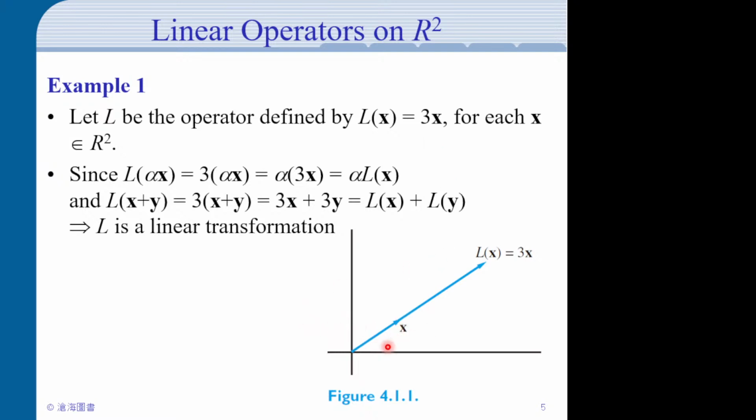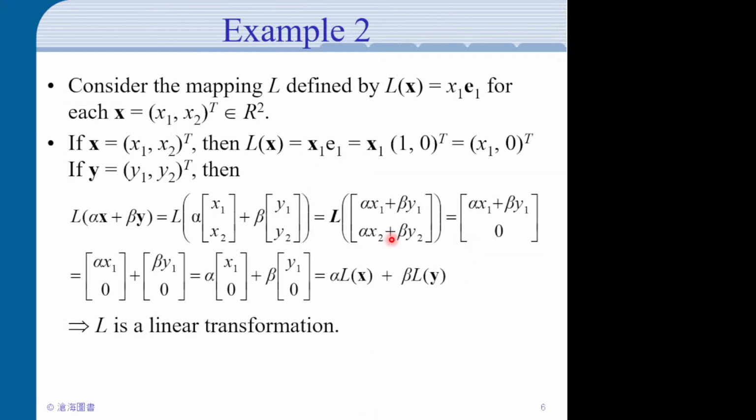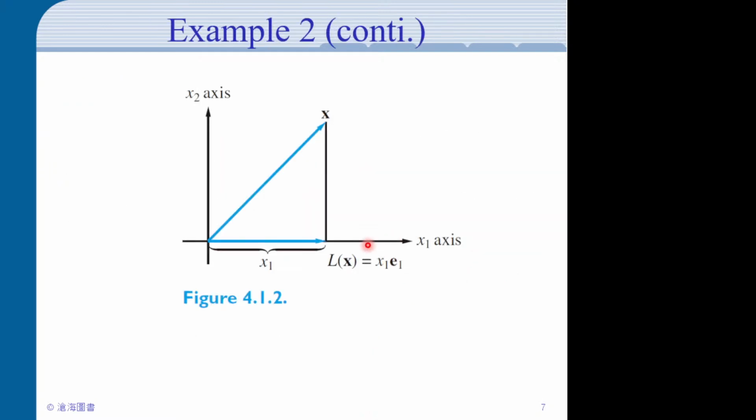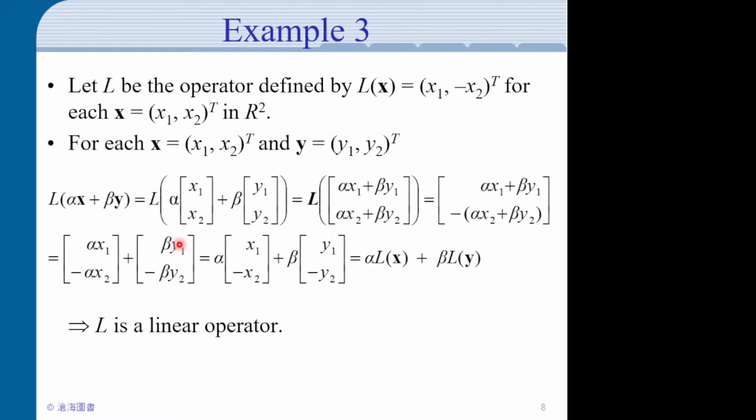So stretching everything 3 times is a linear operation. You have a linear combination, then the combination gets stretched 3 times. You can either do the combination first, or you can do the stretch 3 times first. Okay. And we have also seen that projection is a linear operation. If you have a 2-dimensional vector and you project it down to the x-axis, then this is a linear operation.